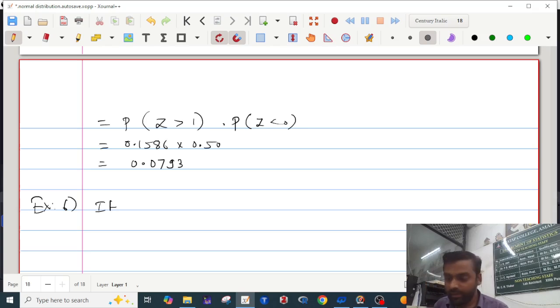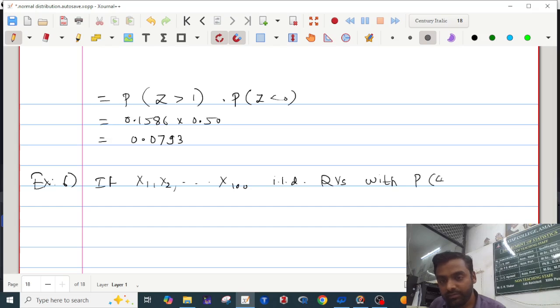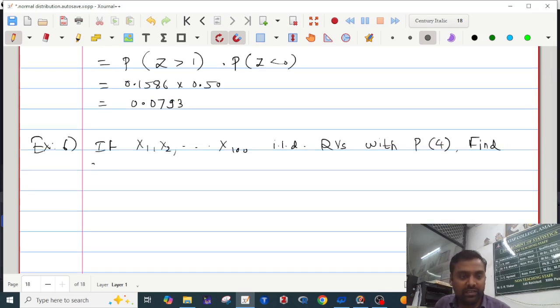If Xi, X1, X2 up to X100, are IID random variables with Poisson distribution with mean 4, find approximately the probability of summation Xi, i running from 1 to 100, greater than 430.